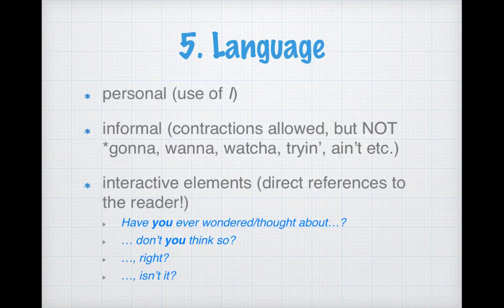For example, the first one is simply a rhetorical question. For example, have you ever wondered or thought about, or don't you think so, or right, isn't it? So it is very good not only to use I in your blog, but also to include you, because you want to speak to your readers directly. So you can use a direct reference by writing you.